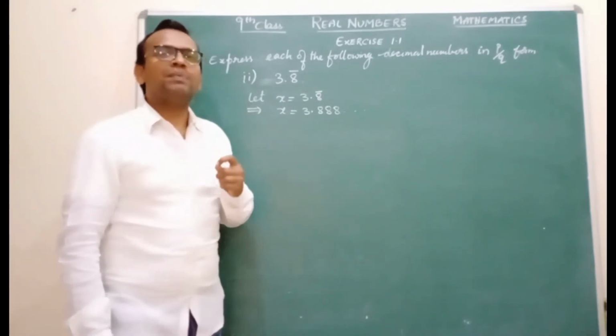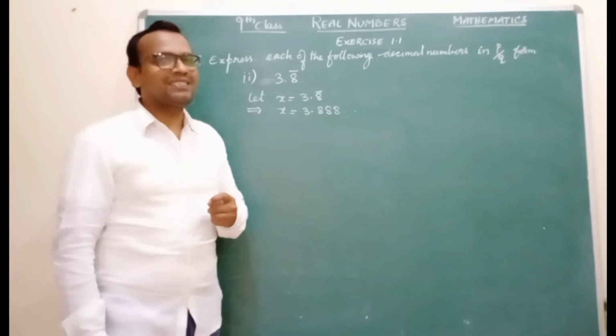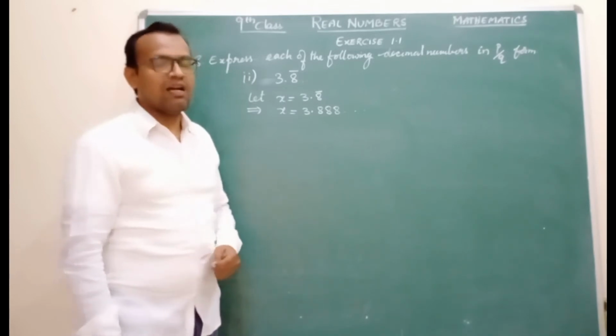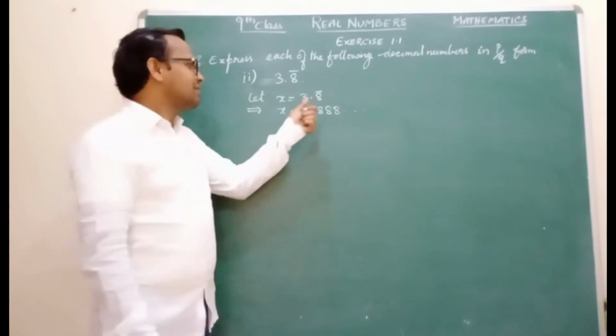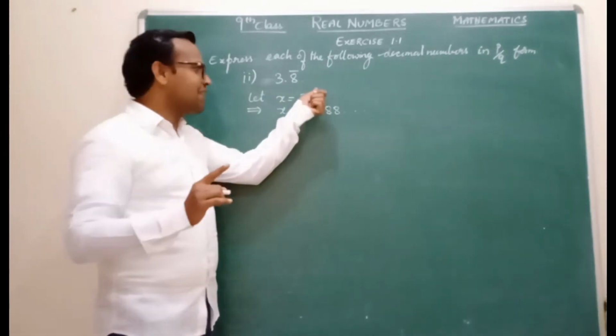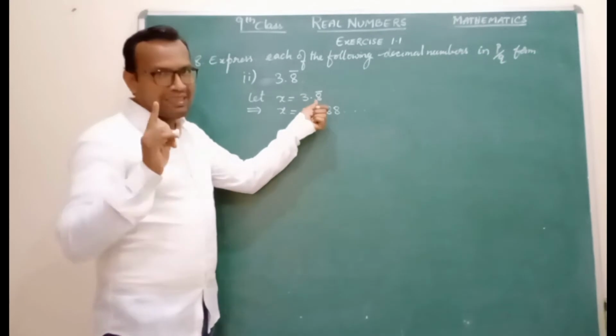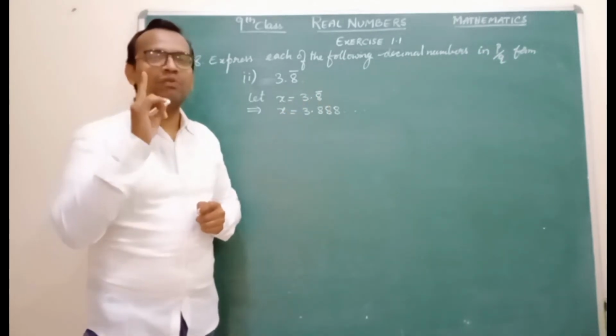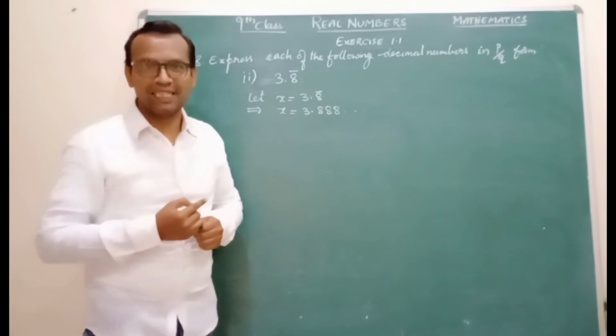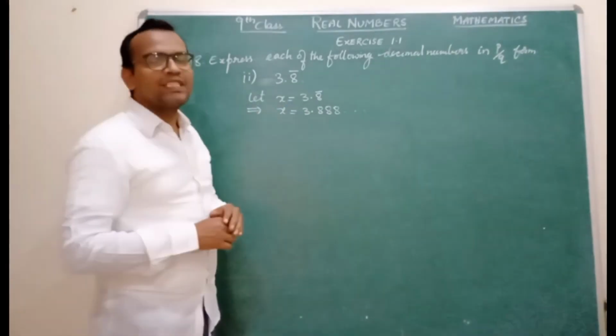We have to see the periodicity, means how many digits are repeating, or how many digits have a bar upon it. Yes, here just one digit is having a bar upon it, so the periodicity is 1. That means we have to multiply by 10 power 1. 10 power 1 nothing but 10. So let me multiply x with 10.